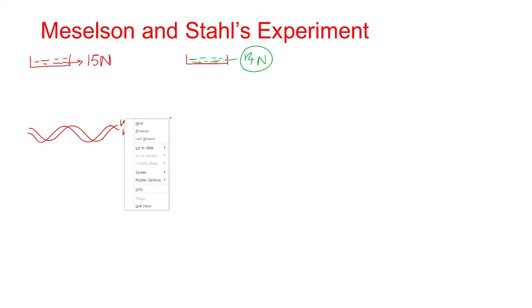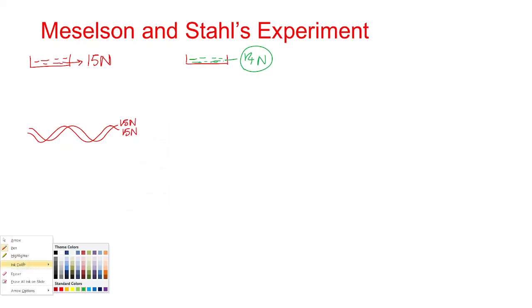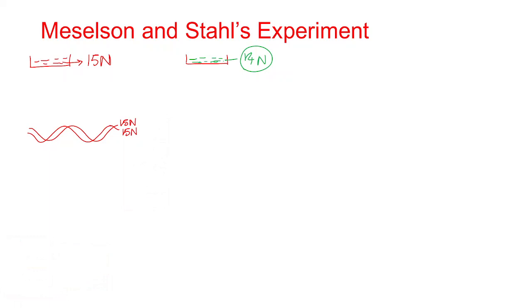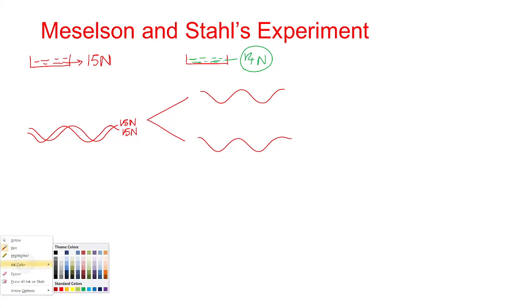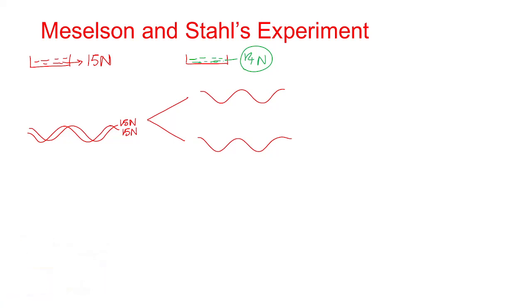Both strands of this heavier DNA will get separated first of all, like this. Then after that, on these strands, the new strands will be formed, but the new strand which is formed has lighter nitrogen. Why?